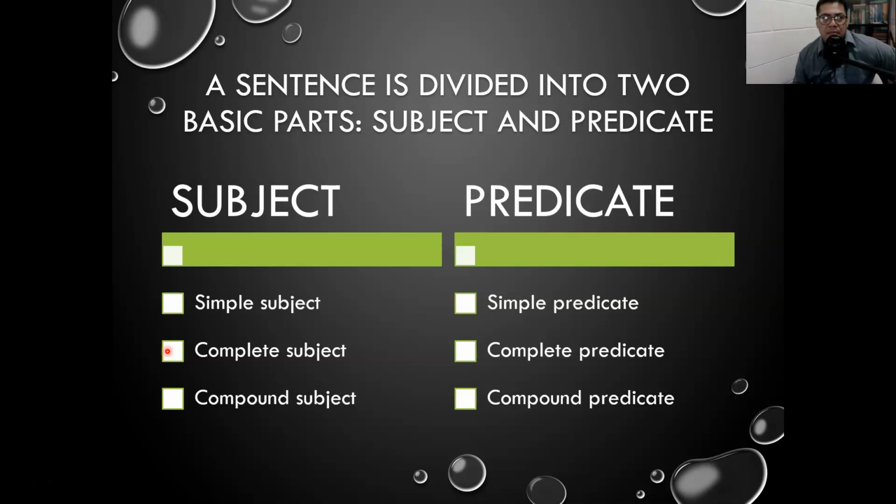So the simple subject or the compound subject is made up only of individual words? No, because it may also be a proper noun, right? If it's a proper noun, it may be made up of more than one word. In those cases, we classify the whole phrase as a simple subject. So if I say something like, Maria Baring followed The Witcher, the simple subject is not Maria or Baring because they are the same person.